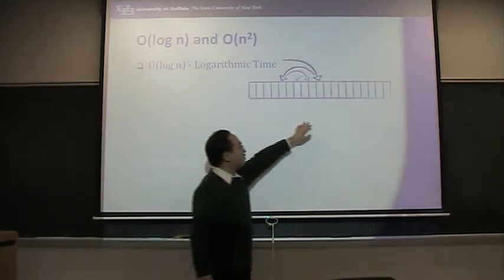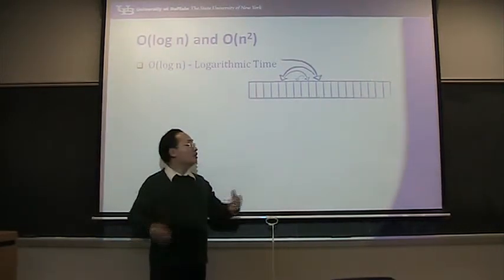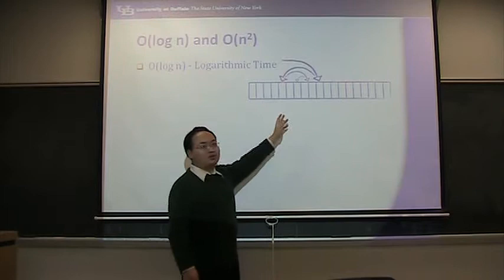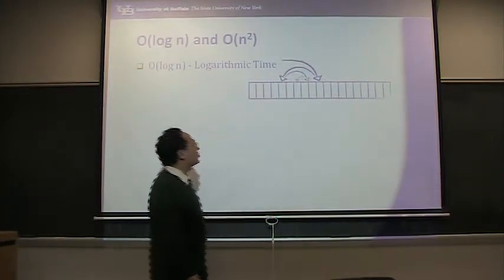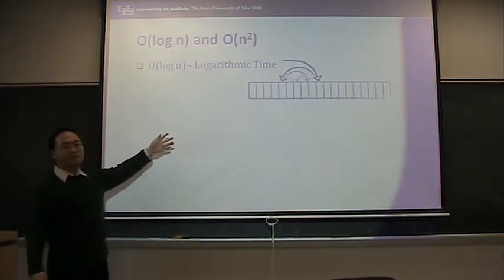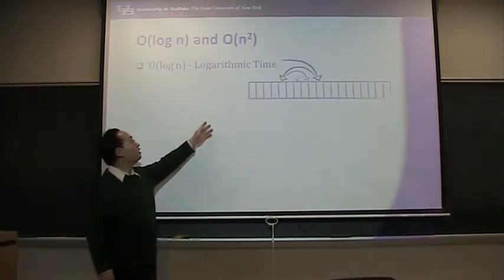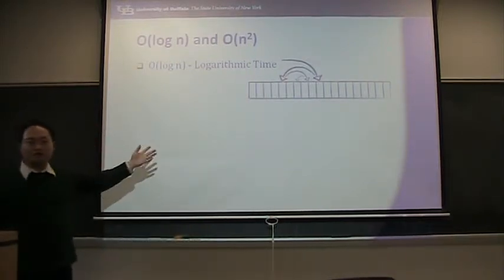So if the size of this array is 2 to the power of n, then at most you have to search n times, right? In this case, the time complexity is called logarithmic time. Do you have difficulty understanding this?